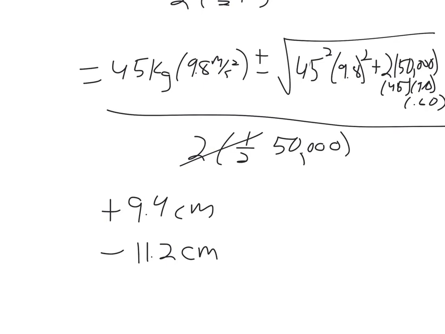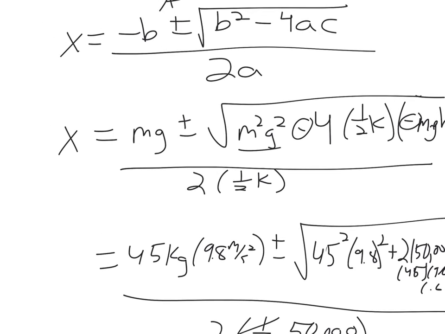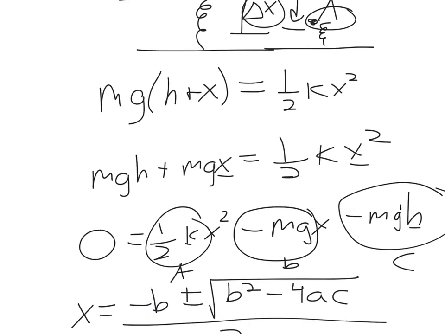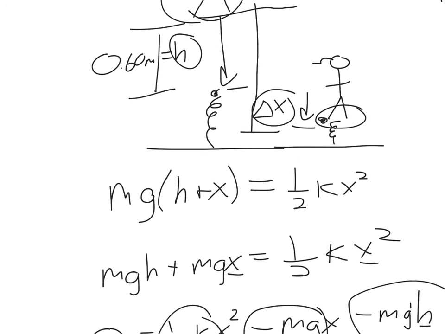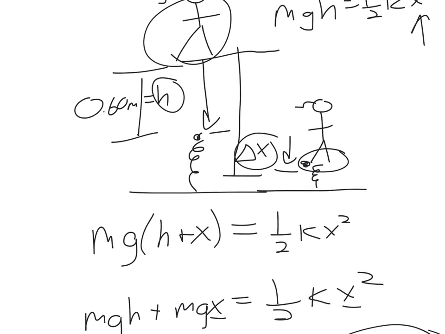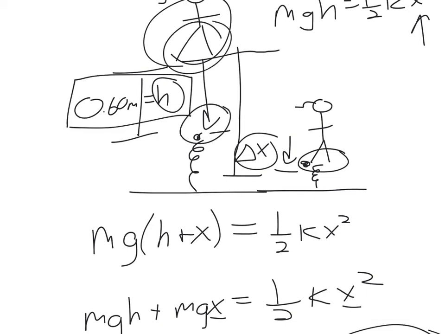Well, we have to go back to our picture, because our picture is based on this. This is the key, the height. The height was 0.6 meters. From where? Well, it was from where she was in the air to the top of the spring unstretched. So the spring is the reference point. That's 0 meters.